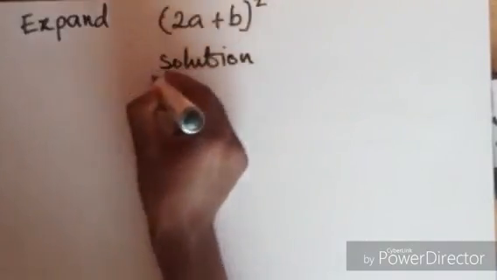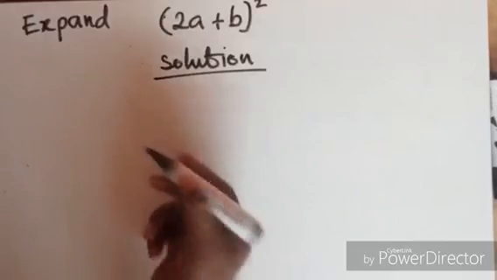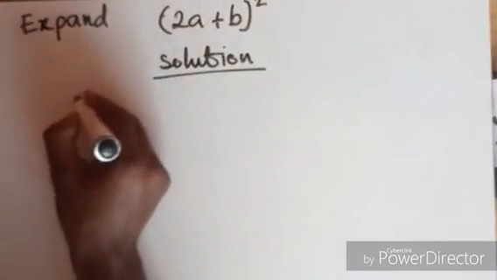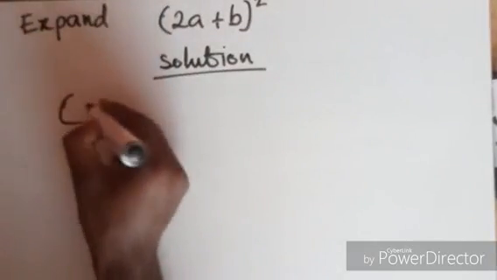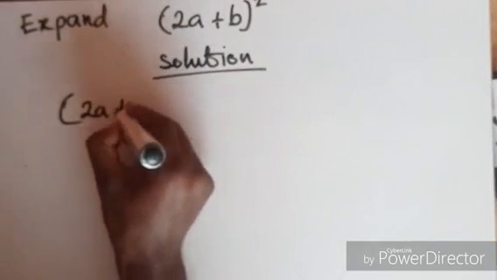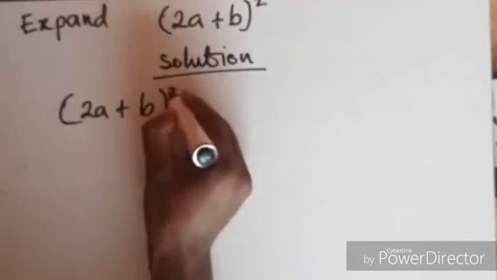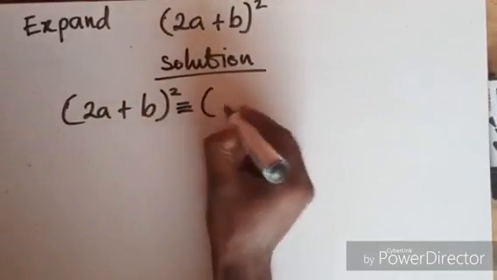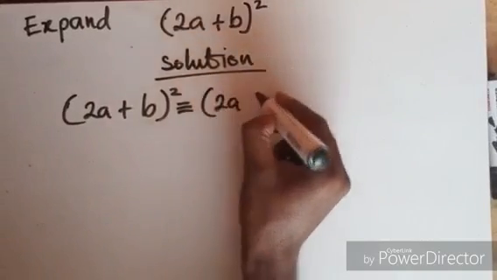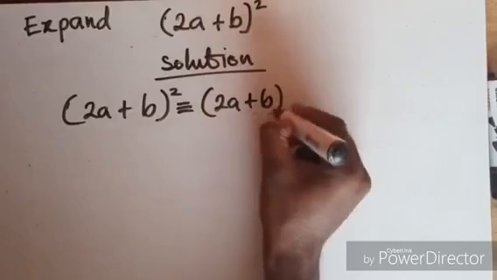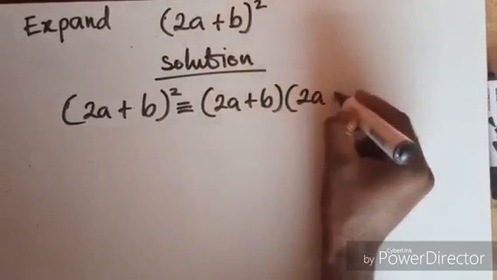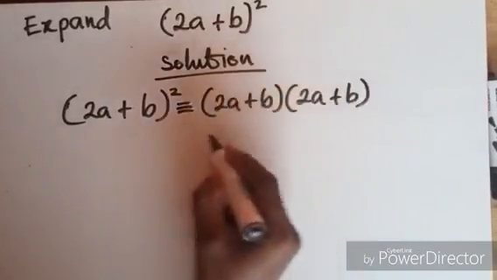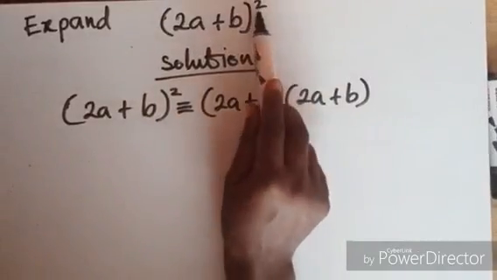To solve this, what we need to do is, as usual, we have our 2a plus b all squared. This one must be equivalent to 2a plus b times 2a plus b. Because the factors are the same, it is raised to the power 2.